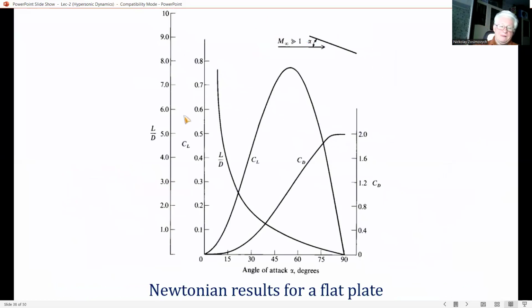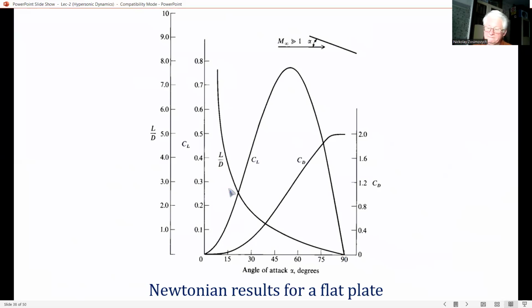The result just obtained for the application of Newtonian theory to an infinitely thin flat plate is plotted on this slide. From this figure, note the following aspect. The value of the L to D ratio increases monotonically as alpha decreases.